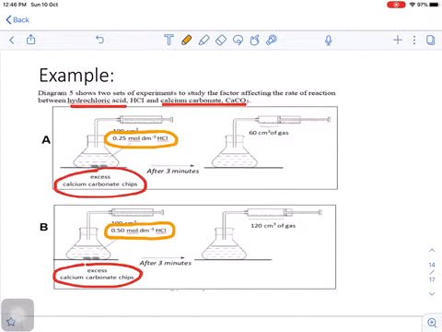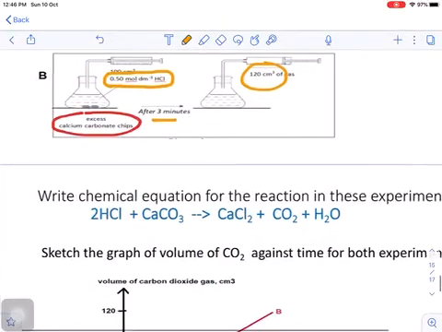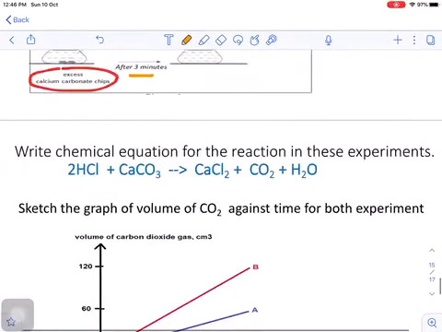Then after 3 minutes, we can collect the gas: for set A 60 cm cube, for set B 120 cm cube. Okay, so write chemical equation for the reaction in this experiment. So hydrochloric acid reacts with calcium carbonate.